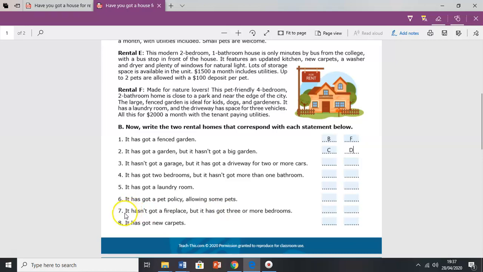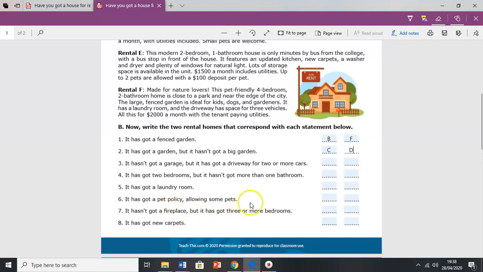Number 7, it hasn't got a fireplace, but it has got 3 or more bedrooms. Again, it hasn't got a fireplace, so there is no fireplace. There is no mantelpiece, perhaps. Yeah, it hasn't got a fireplace, but it has got 3 or more.